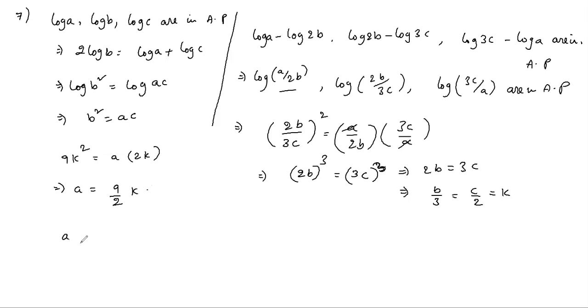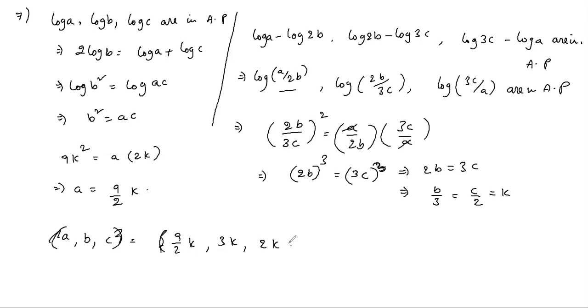So what are the values of A, B, C? A value 9 by 2K, B value 3K, C value 2K. So A, B, C are in HP is wrong because the reciprocals are not in AP.